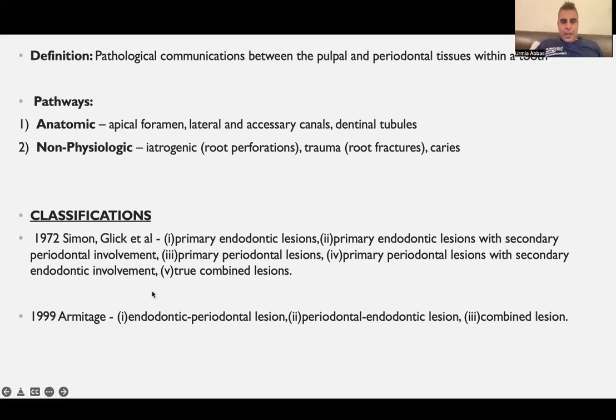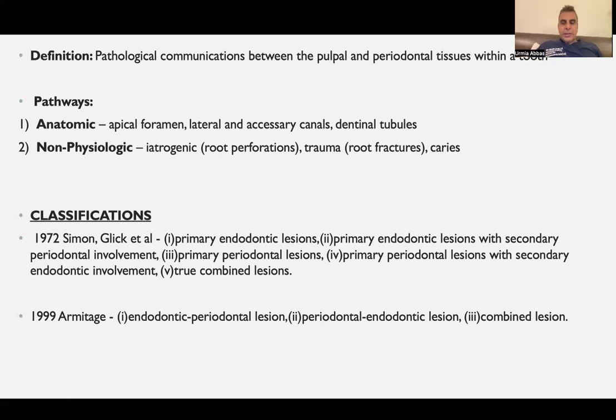A true combined lesion is where you have both happening at the same time: the endodontic lesion and periodontal disease are both taking place at the same time, and they're separate and don't have any link together.